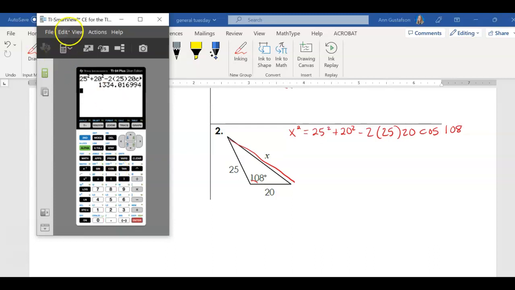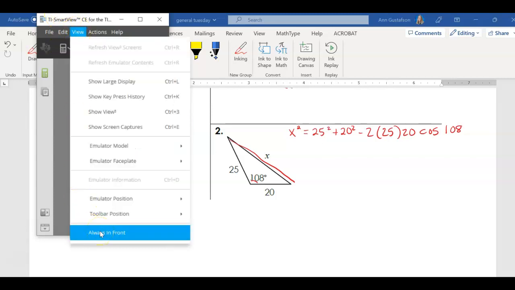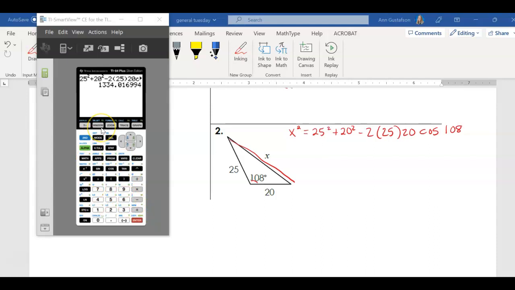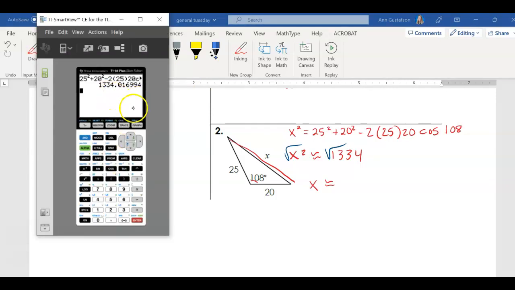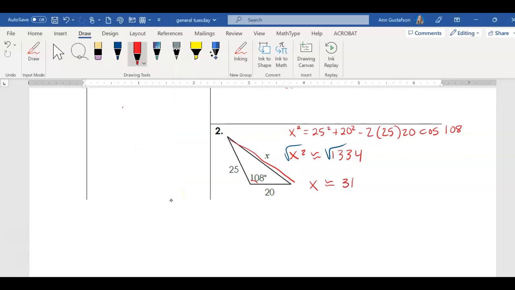Just to detail our work here, we get x squared is approximately 1334. Now to get rid of the square, we take the square root, and that will leave us with our answer x. On the calculator, we still have that number on there, so we want to do the square root of the number on the line before, and that gives us 36.5.